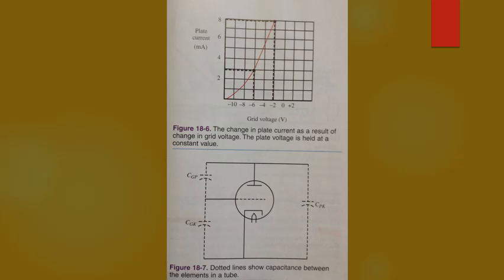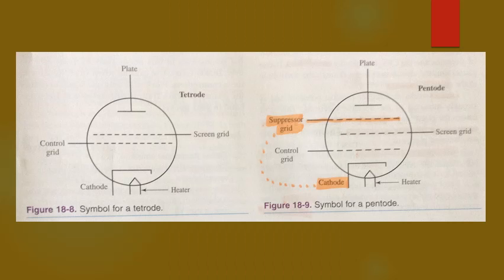Figure 18-8. The screen grid is bypassed to ground externally through a capacitor. The grid is a good screen between the control grid and plate, and this stops the grid-plate capacitance, CGP.